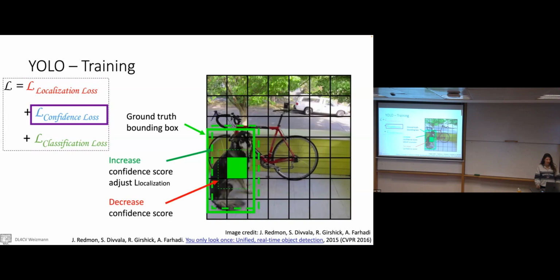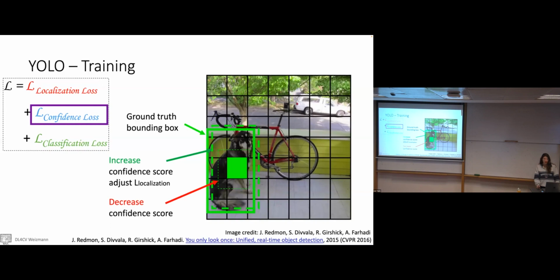And regarding the other bounding box, which has a much lower intersection over union with the ground truth bounding box, we want to decrease its confidence score according to the loss.